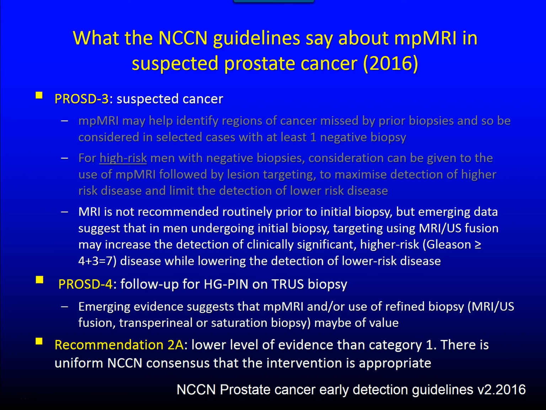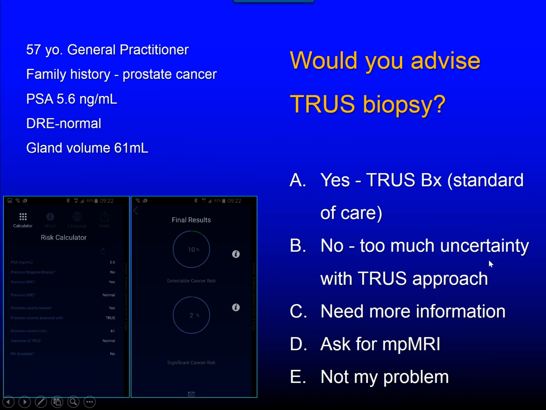So it doesn't recommend using it prior to the first biopsy, but if you do use it, there are benefits that you may gain. And again, this is quite an interesting caveat. The interesting thing here in both recommendations is the use of an appropriate targeted biopsy, and it recommends MRI ultrasound fusion in this regard.